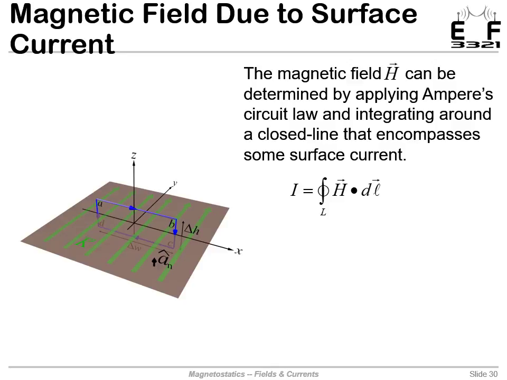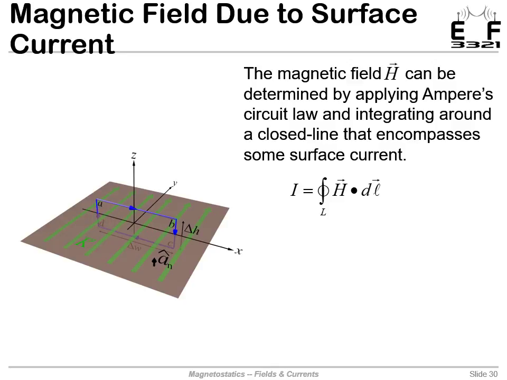Now let's use what we know to calculate what the magnetic field is outside of that surface current. So that means above it and below it. Well, there's two ways that we can calculate the total current enclosed in a particular line path that we choose on the left. One way is to integrate the current density over the width of this little window that we're integrating in.